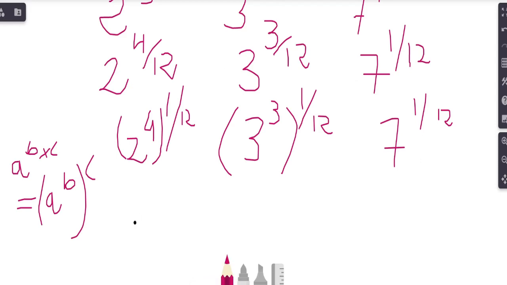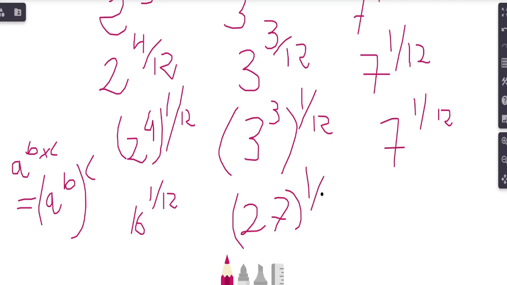So now 2 to the 4 is 16 to the 1/12. 3 to the 3 is 27 to the 1/12. And then we have 7 to the 1/12.